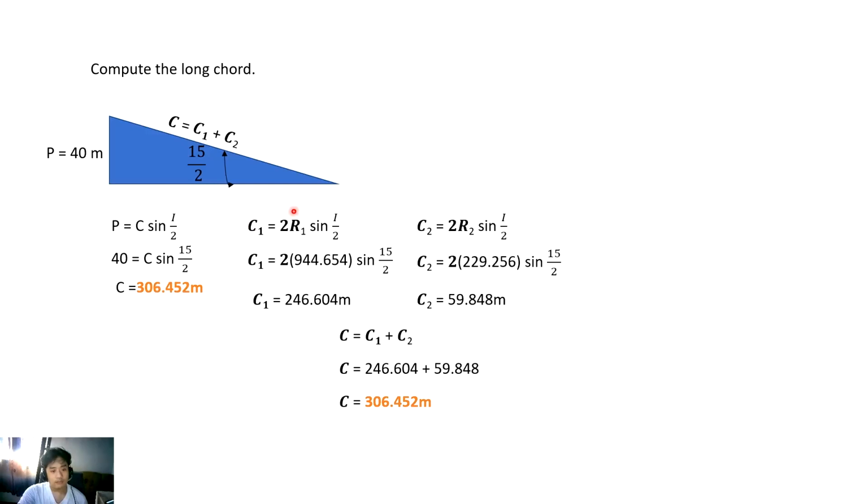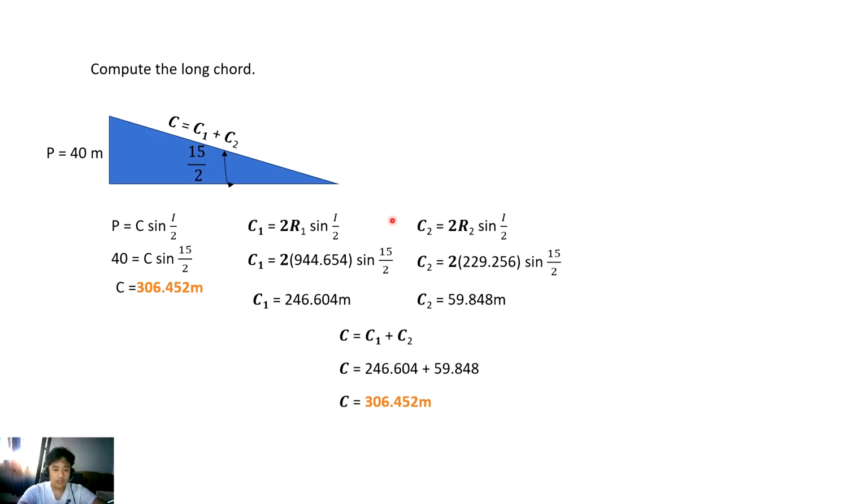Sa C1 naman, sa next formula na gagamitin natin, which is yung C equals to C1 plus C2. So, una natin hanapin ay C1. 2R1 sine I over 2. So, substitute natin yung R1. 944.654 times sine 15 over 2. So, ang C1 natin ay 246.604.